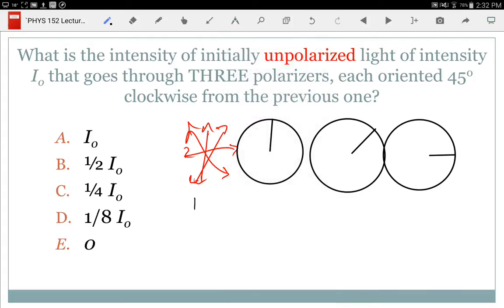Okay. Still waiting on four people. She's working on it, right?